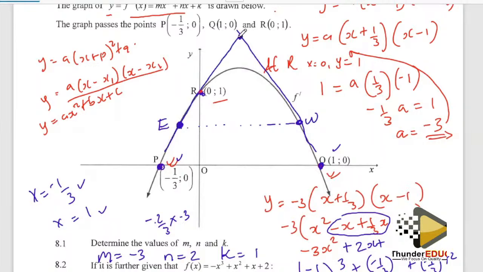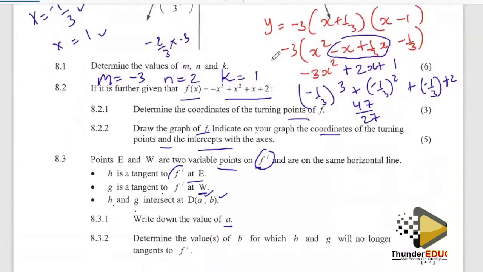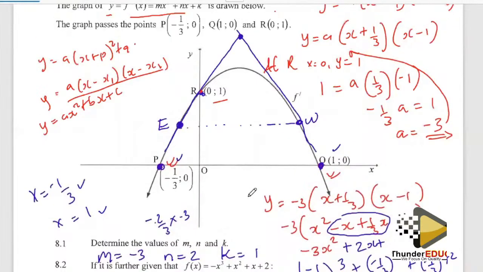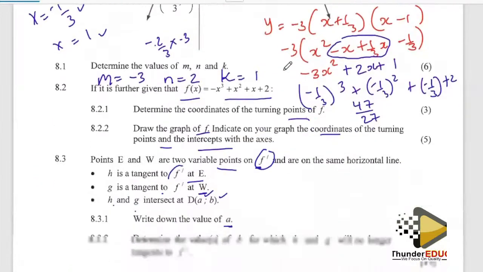Then these two are meeting up. They intersect at D, which is A and B. If that is true, they want us to write down the value of A.